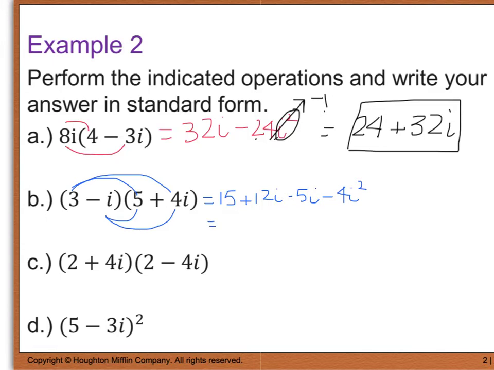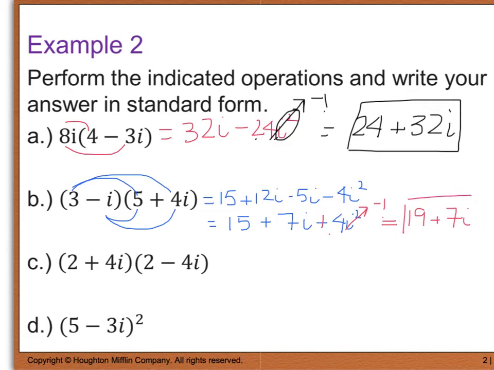This gives us 15 plus 7i minus 4i squared. Well, remember, i squared is really a negative 1. So I have negative 4 times a negative 1, which is going to make this a plus 4. So now I have 15 plus 4, or 19, plus 7i.